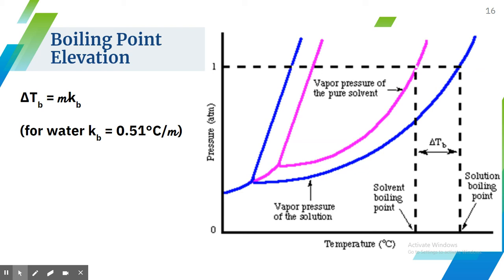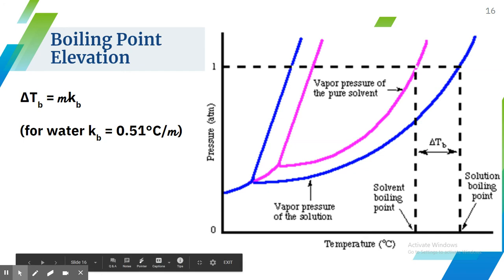For every 1 mole of solute that you dissolve, you can make the boiling point of water 0.5 degrees higher. Let's take a look at the graph over here. You all know that water is going to boil at 100 degrees Celsius, so that's where this dashed line and the pink line meet. That would be 100 degrees.